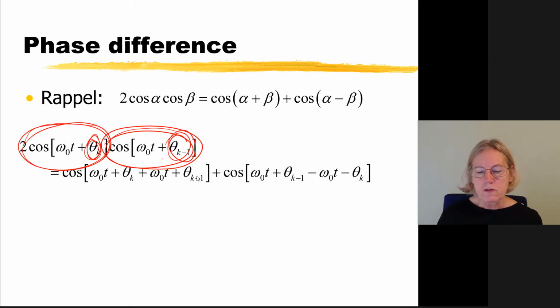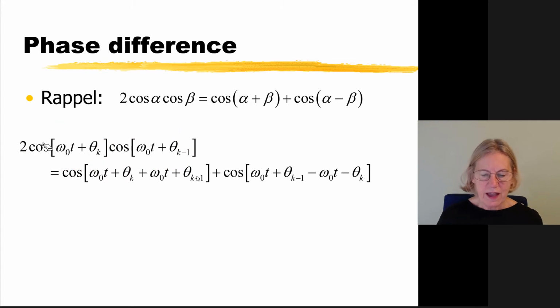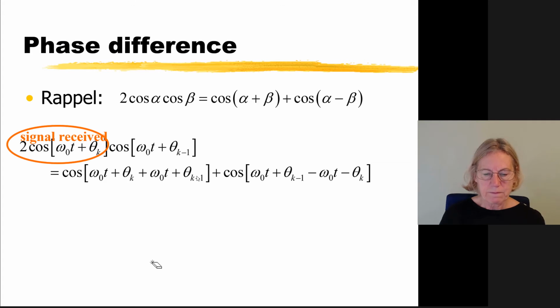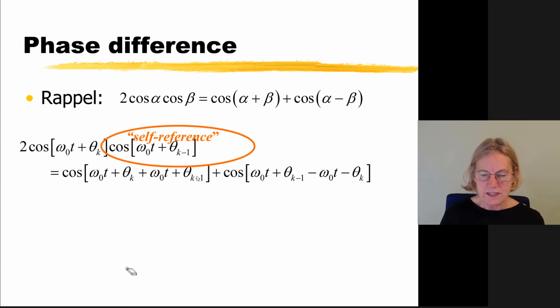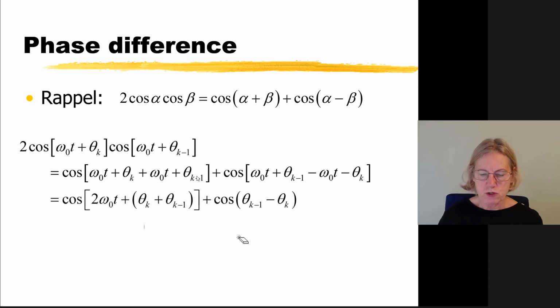So when I do the trigonometry, I have the multiplication of two cosines, and I know that this is the sum of the cosine of the sum of the arguments and the cosine of the difference of the arguments. Once again, that's the signal received. This is the self-reference. And when I put them together, I get these two terms.